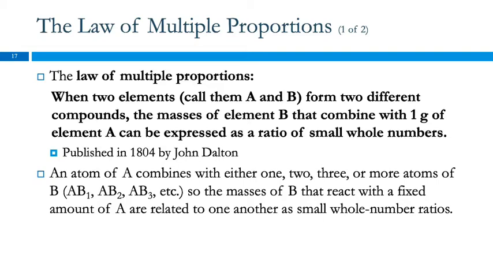And John Dalton published this in 1804. So an atom of A can combine with 1 atom of B, with 2 atoms of B, with 3 atoms of B, etc. So we could have 1A and 1B, or 1A and 2 Bs, or 1A and 3 Bs, etc. So if we looked at the mass ratios for these, the masses of B that combined with a certain amount of A are going to be related to each other as small whole numbers.